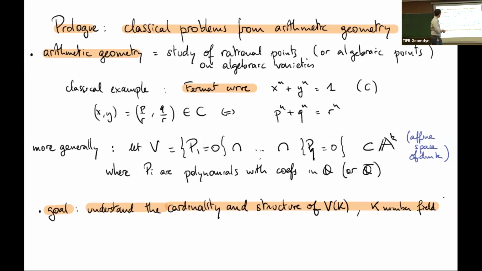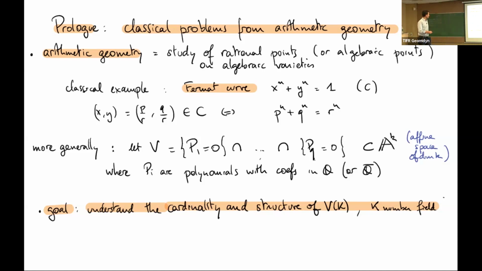It is a curve in the plane defined by the equation x^n + y^n = 1, and any solution to this equation corresponds to a rational point of this curve. There are plenty of situations in arithmetic where you want to solve a certain Diophantine equation, and actually it's equivalent to finding rational points on a curve. So that's the basic motivation for arithmetic geometry.